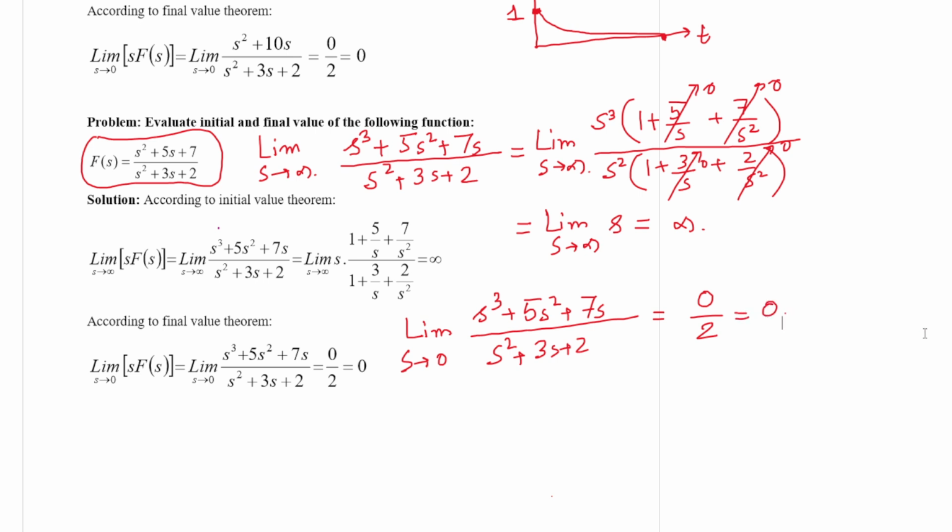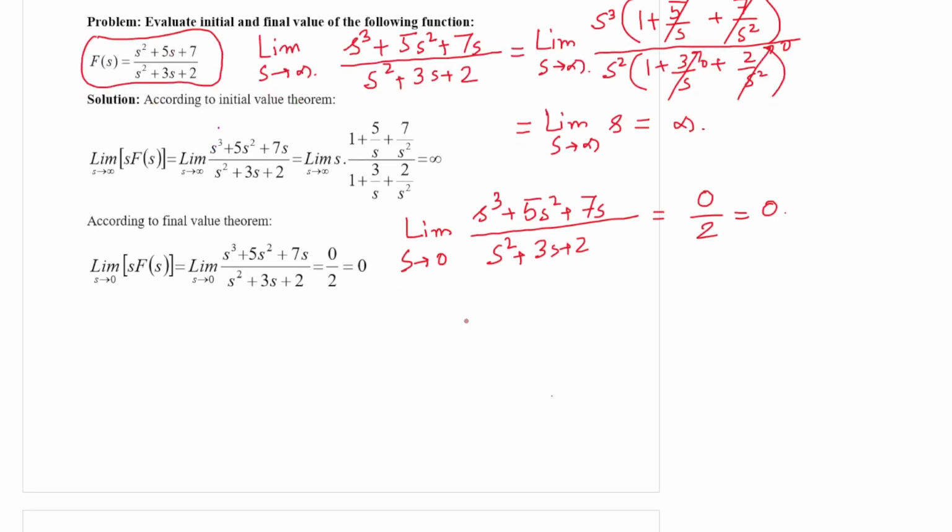That means if you plot this function in the time domain, t versus f(t), it starts with the initial value of infinity, a huge value, and it ends with a final value of 0.